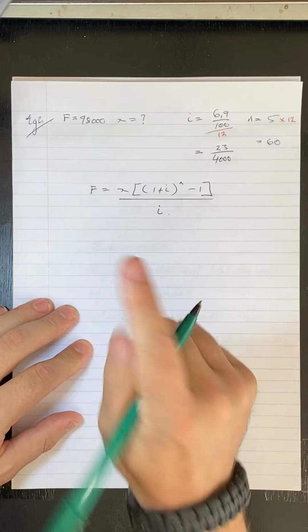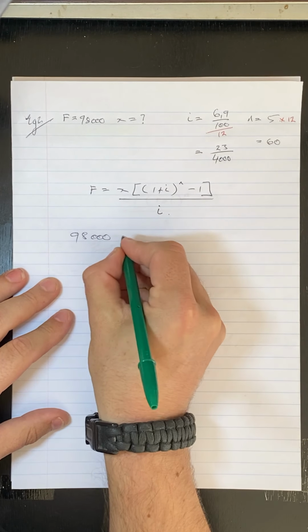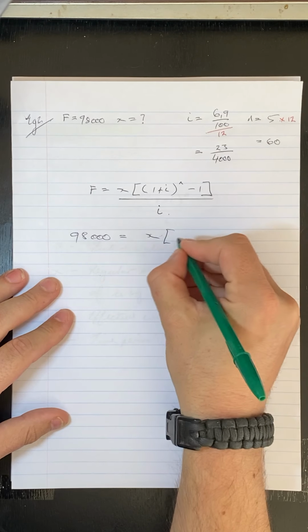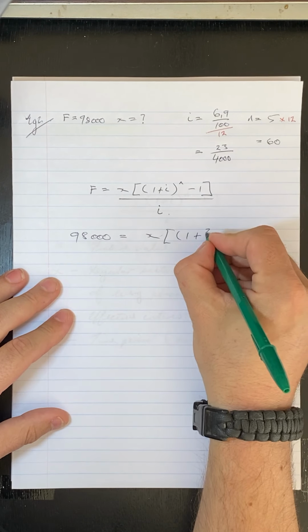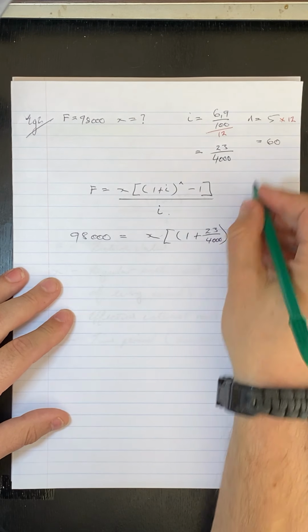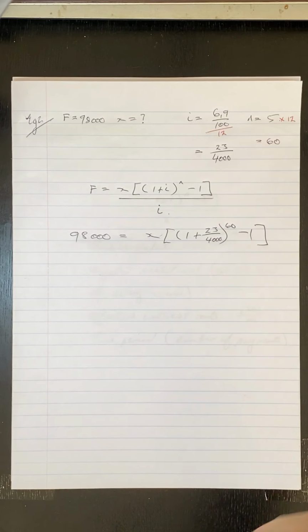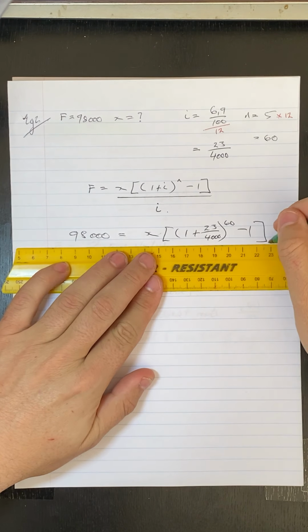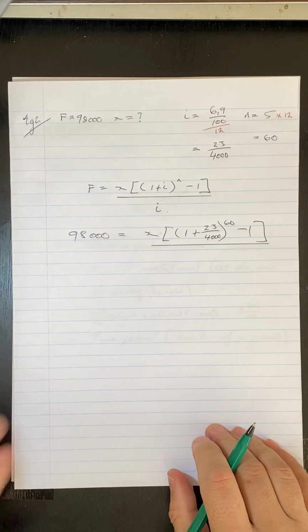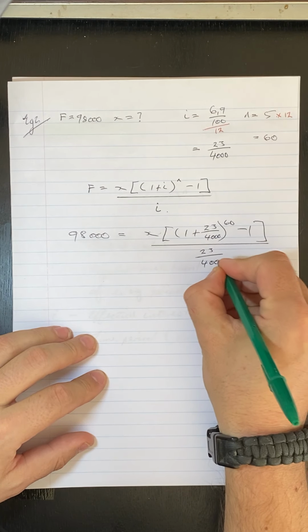Substitute our values in here, and we get 98,000 equals X times 1 plus 23 over 4,000 to the power of 60 minus 1, all over 23 over 4,000.